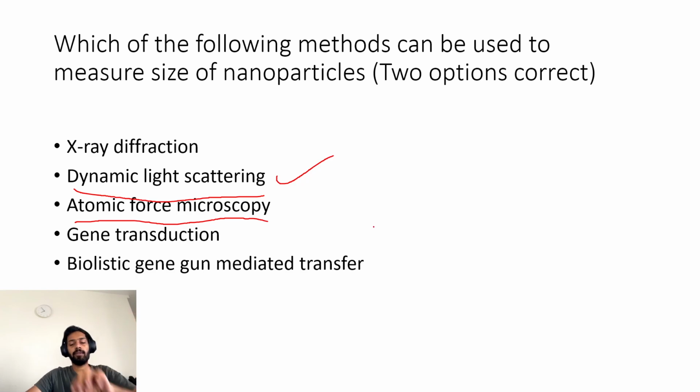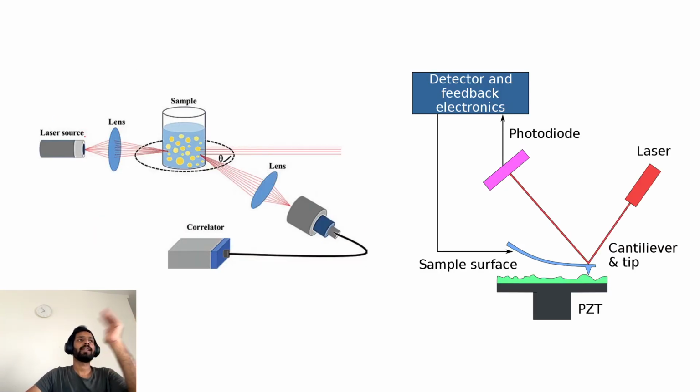So what is dynamic light scattering, right? Basically you have a laser source and a lens that condenses this laser source into a very thin beam. And if you place your sample, obviously there is some amount of light that's scattered once the light beam hits the particles. This amount of scattering, this theta, depends on the size of the particle, right?